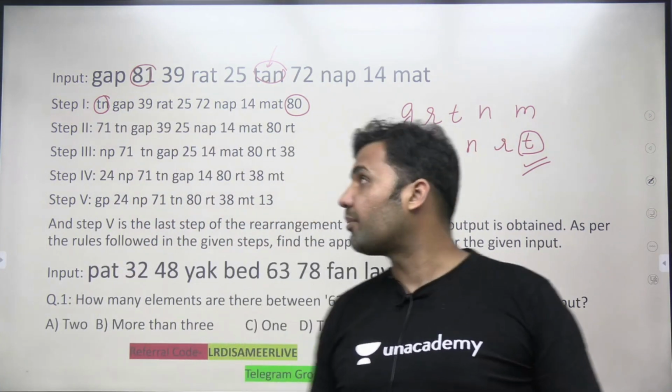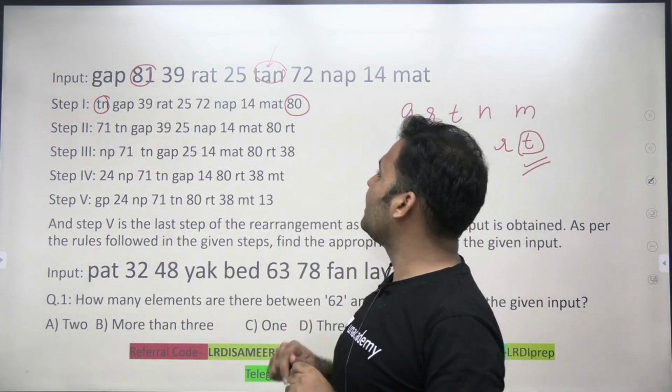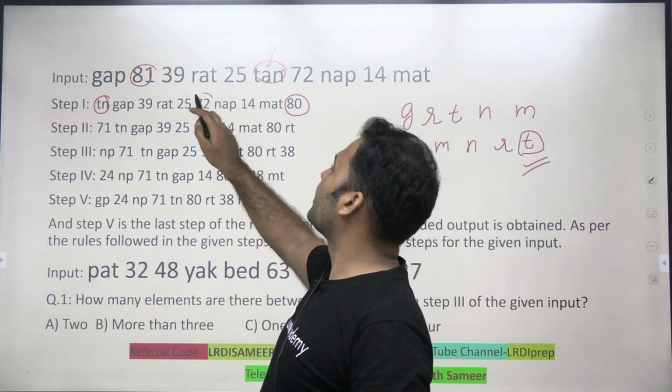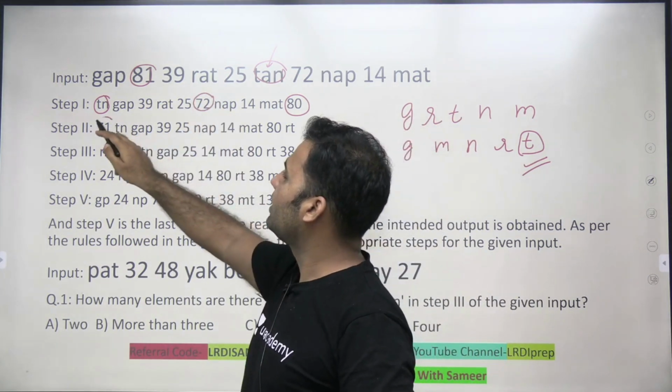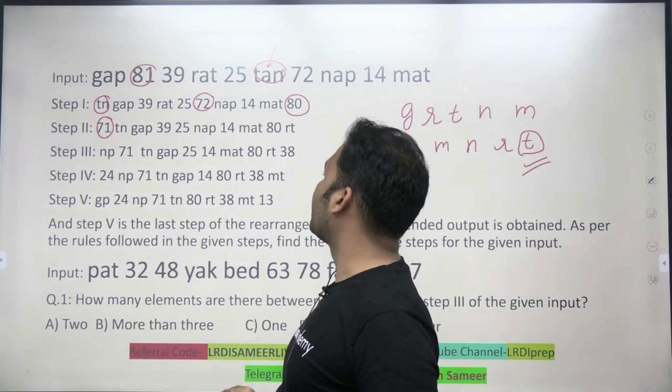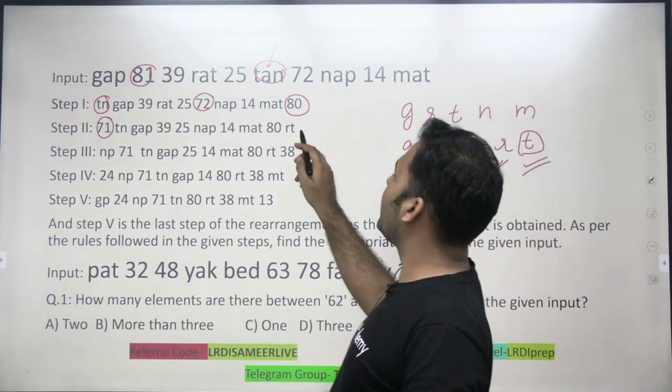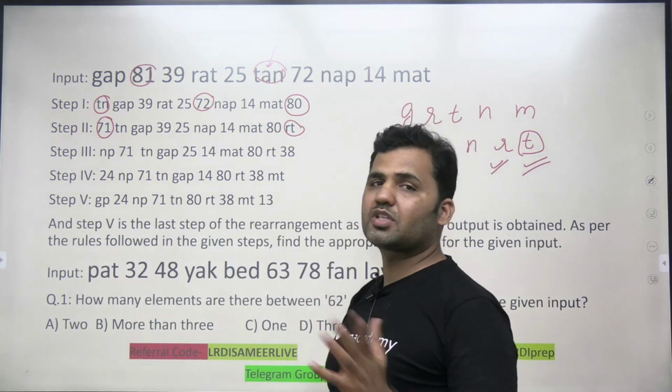So this is what is happening. Then you see that in the second step, the second highest number, that is 72, has been taken on the leftmost position and the second highest letter has been taken on the rightmost position. Again, 2 elements are moving.